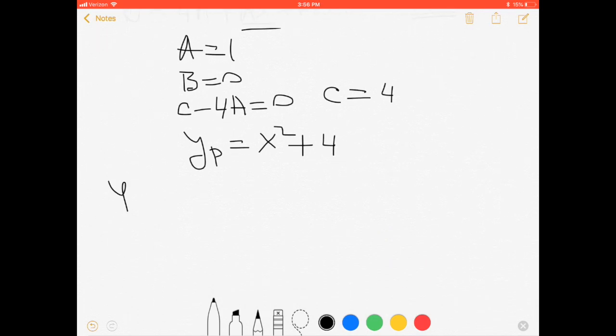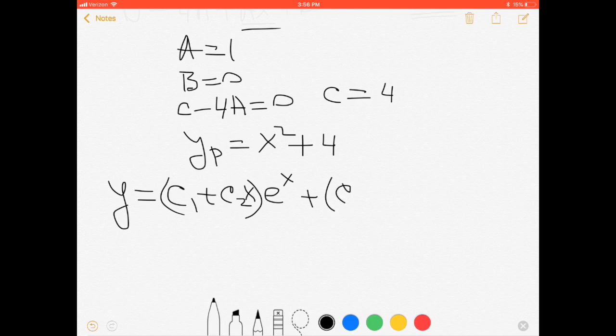The general solution here will be c1 plus c2 x, e to the x, plus c3 plus c4 x, e to the negative x, plus x squared plus 4.